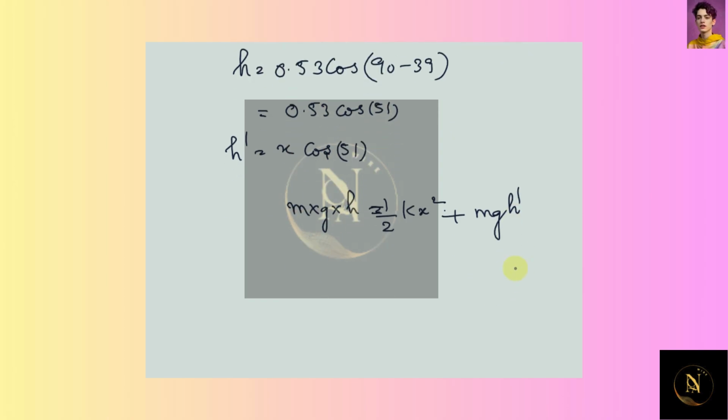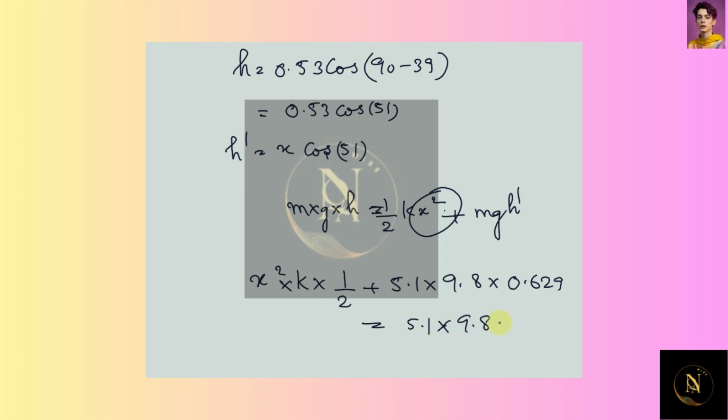On solving out the common terms, we can solve for x squared: x squared into k into 1 by 2 plus 5.1 into 9.8 into 0.629 will be equal to 5.1 into 9.8 into 0.53 into 0.629. On solving, we'll get x.